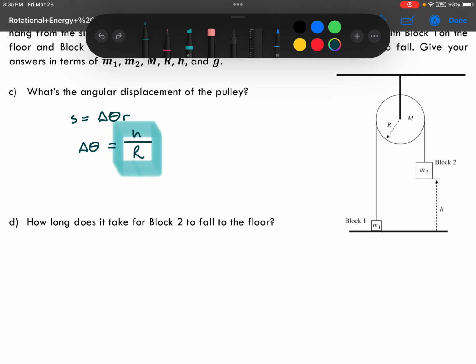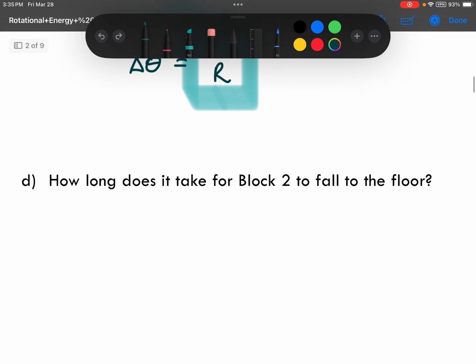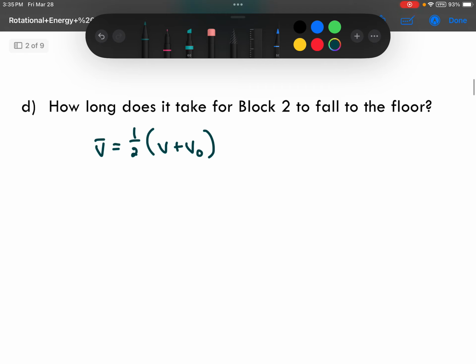So average velocity, way back in kinematics, we had said that the average velocity is 1/2 of the final velocity plus the initial velocity. And we also know that the average velocity is equal to distance over time. And so this is how we'll go about solving this.